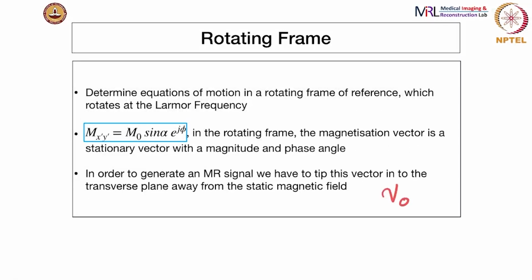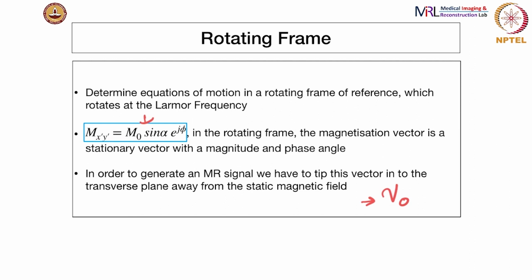On the other hand, you can let the coordinate system rotate at this frequency. If the coordinate system rotates at this frequency, then your magnetization is not moving or rotating. It is just a stationary vector with a magnitude and a phase angle. That's all it reduces to.